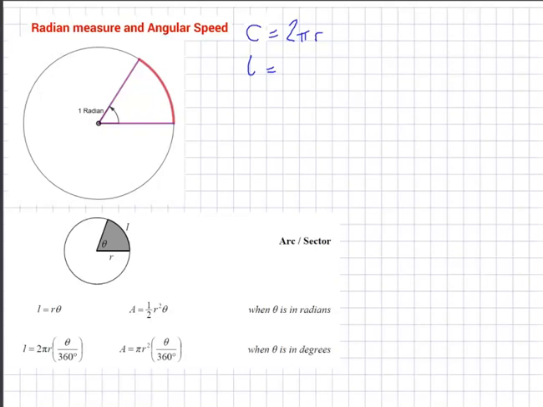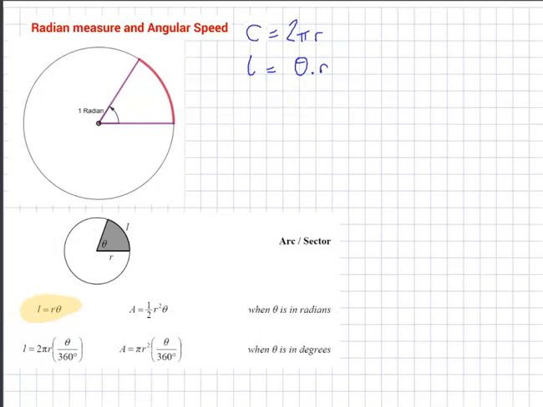We can take any angle in radians and multiply by the radius. Now that's more commonly written, you can see in the formula book, length is radius multiplied by the angle in radians. So it's just the other way around, the same idea.